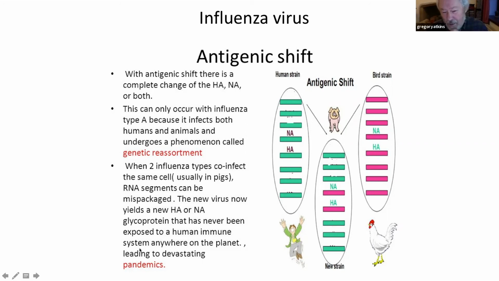Now, the question then is, can a virus like the coronavirus do this? Well, the short answer is yes, but it doesn't have a segmented genome. It has a genome that's all in one piece. But how can it do this? Well, it could do it because it's got a very large genome, the largest of any known RNA virus.